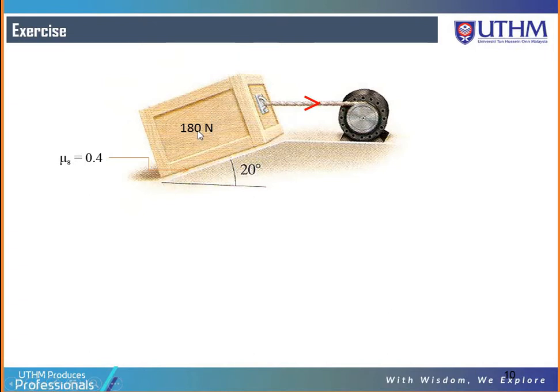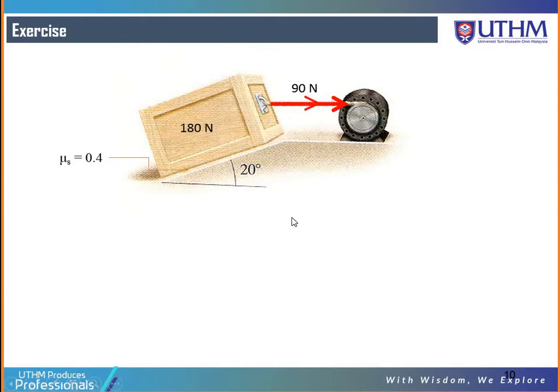The crate is 180 Newton, with a coefficient of static friction between the crate and the plane of 0.4. Then we have a motor or gearbox pulling the crate in a horizontal direction to the right-hand side with 90 Newton. So the rope has a tension of 90 Newton to the right-hand side.